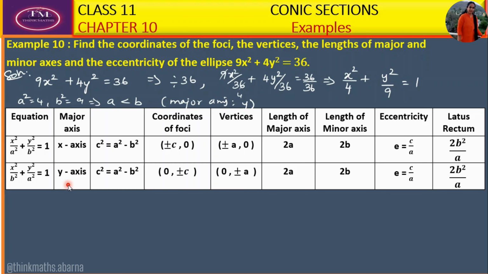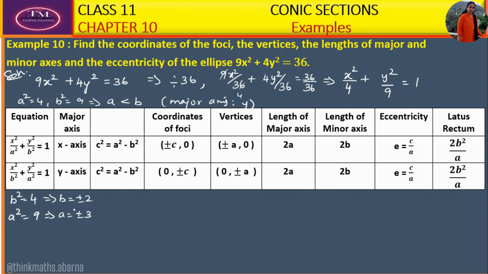So therefore, what are the values it takes? So it is x square by b square, that means b square will be 4 and a square will be 9. So we have to take b square equal to 4 and a square equal to 9. That means b is equal to plus or minus 2 and a is equal to plus or minus 3.